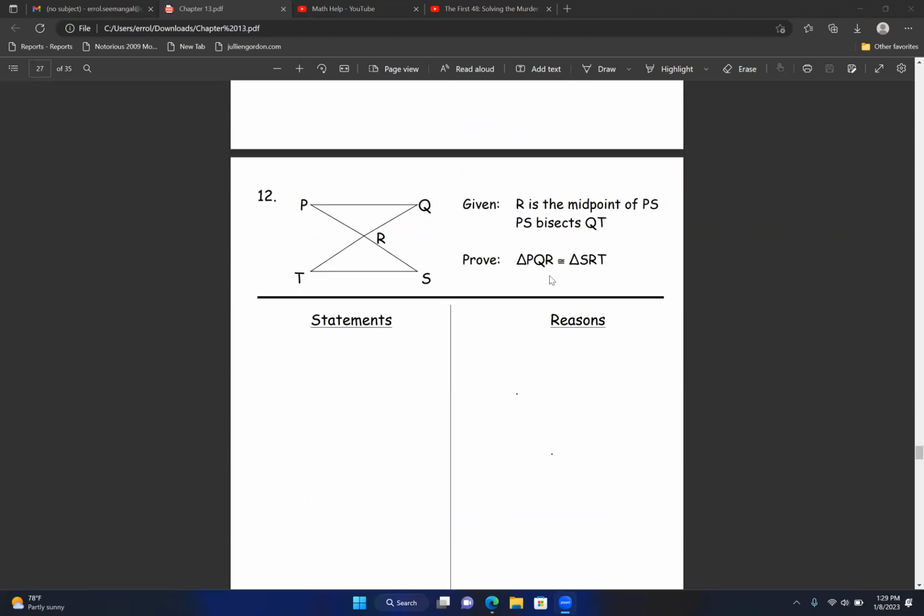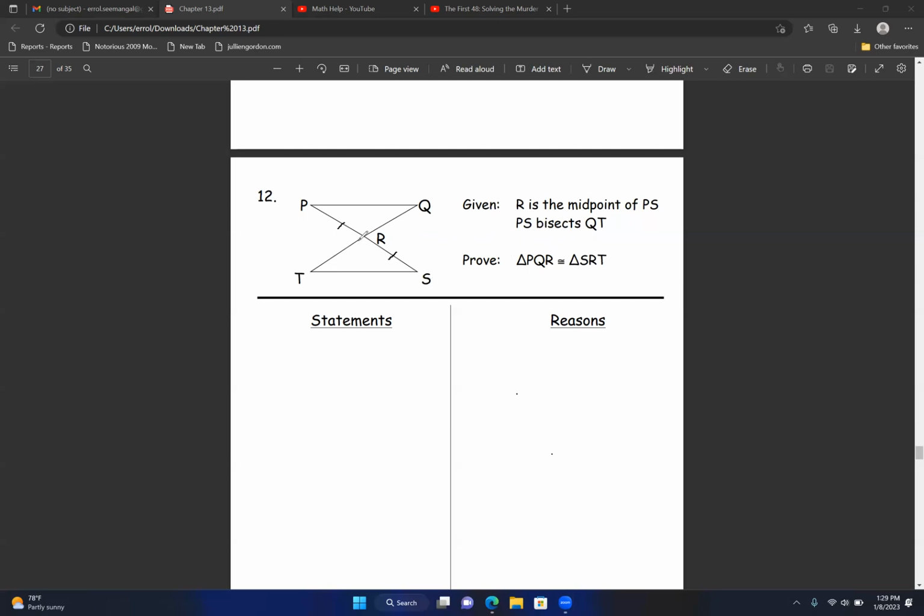Okay, 12. Which one of the four is 12? R is the midpoint of PS. There's your PS. So that means that this is the same as this. PS bisects QT.